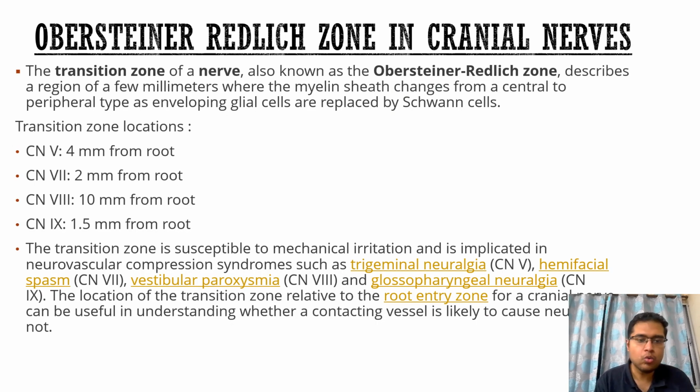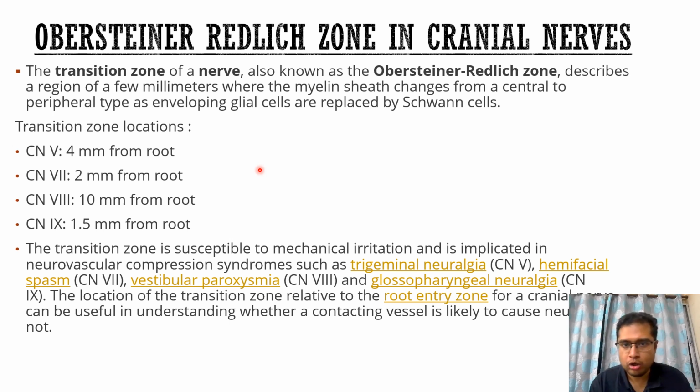The transition zone for every cranial nerve is fixed. That is, the particular location where the transition from central to peripheral myelin occurs is fixed for all the cranial nerves. We have to remember the transition zone for the fifth and the seventh nerve, which are very commonly encountered in clinical practice. For the fifth nerve, it is 4 mm from the root, and for the seventh nerve, it is 2 mm from the root.